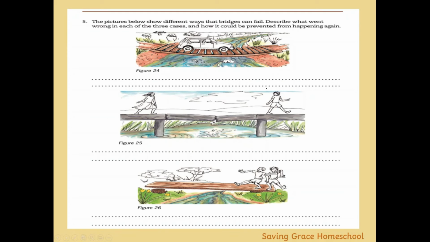It doesn't have any reinforcements in the middle or cables from the top suspending it. So what's most likely to happen here? This heavy car is going to drive across, it's going to snap in the middle, your car's going to get stuck in the river and you can't get out because the bridge is now broken.